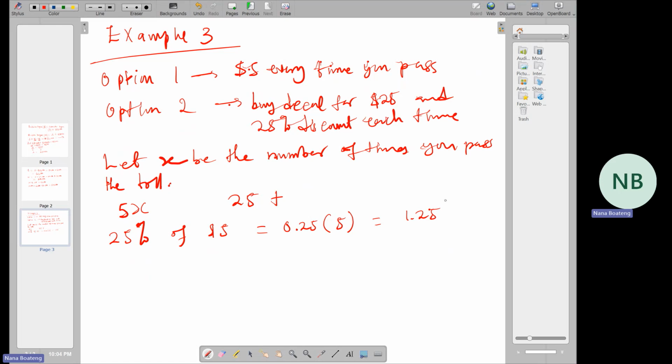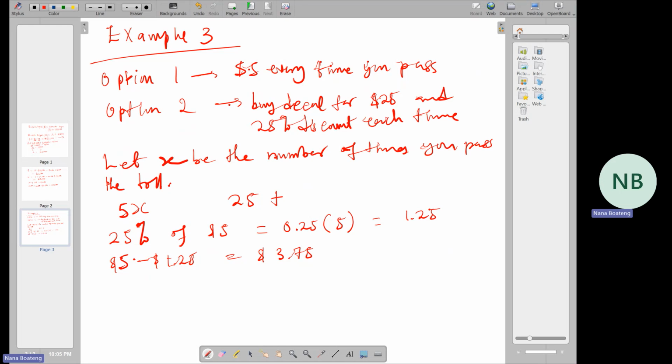So that means what you are paying is $3.75. So $5 minus $1.25 is $3.75. All right. So with option 2, you pay $25 upfront, and for each trip, you are paying $3.75.